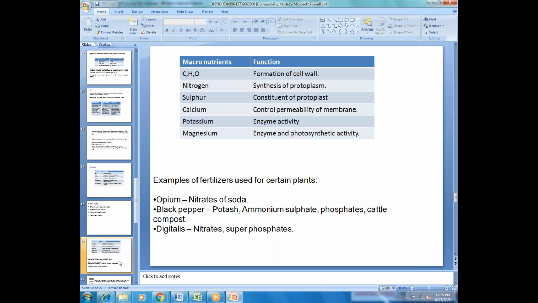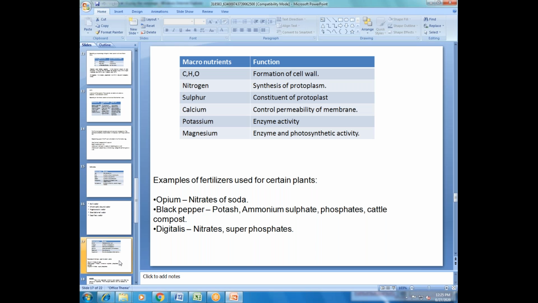These are the macronutrients. The macronutrients are carbon, hydrogen, oxygen for the formation of the cell, and very essential nitrogen for synthesis of the protoplasm. For a plant to grow big or bushy, each cell has to multiply, which means the cell needs a cell wall, protoplasm, everything.